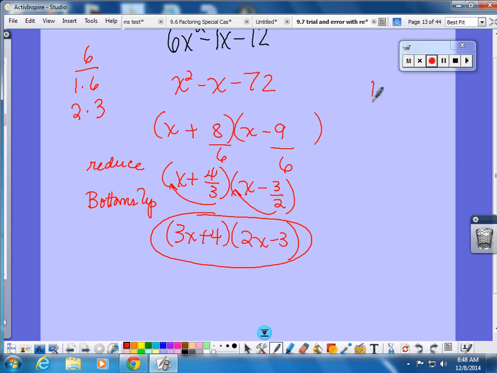Without bottoms up, you list all the factors of the first number and all the factors of the second number, and you keep plugging them in until you figure out the right combination to get the answer. With bottoms up, you don't have to do that. It's like you're a robot, just doing the same thing every time. Whereas if you're doing trial and error, you're plugging it in, seeing if it works, changing things until you finally figure it out.